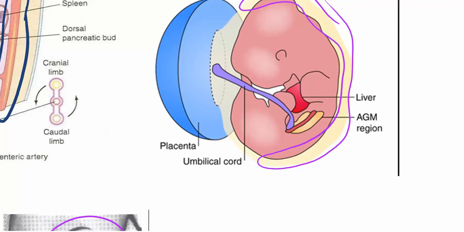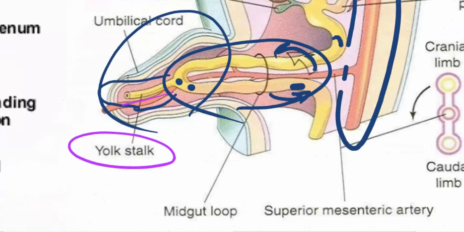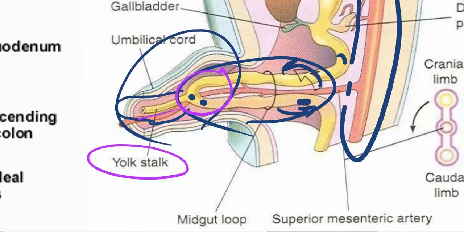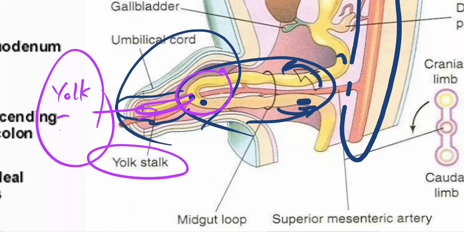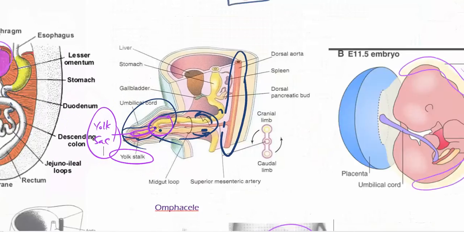The yolk sac is inside that amniotic cavity area, and it's continuous with the gut tube at the site of the ileum. This here is the ileum. This is a Vitelline duct, or the yolk stalk, and it's going to connect to your yolk sac.